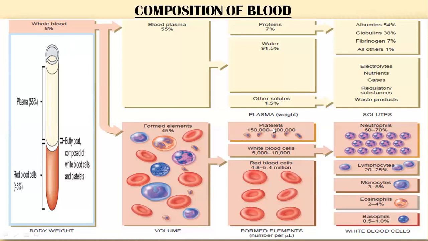So platelets are not basically cells, but they are more of fragmentation of a cell. That cell is called megakaryocyte. Later on, we'll look at how these platelets are developed. Okay, so the other name for platelets, they are also called thrombocytes.